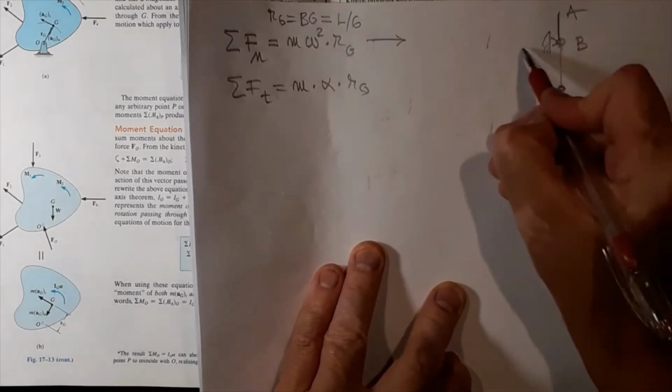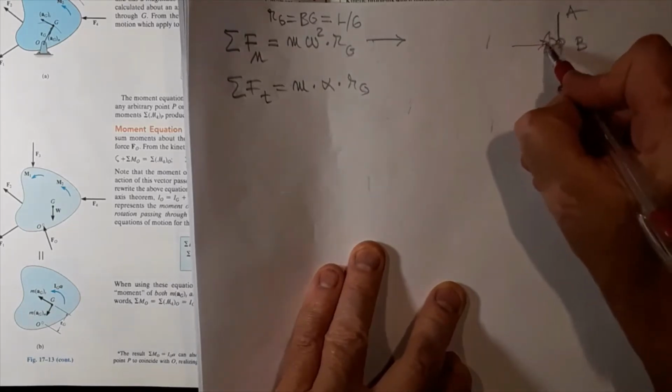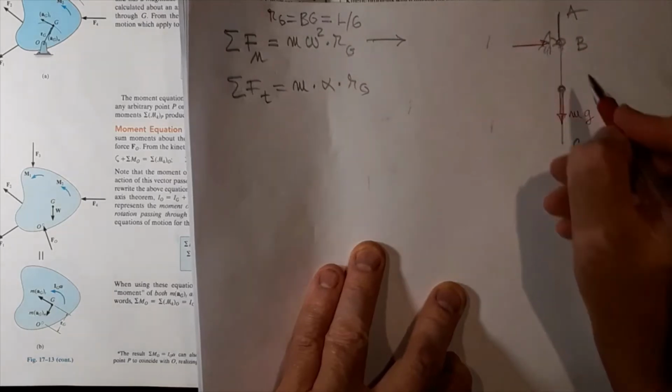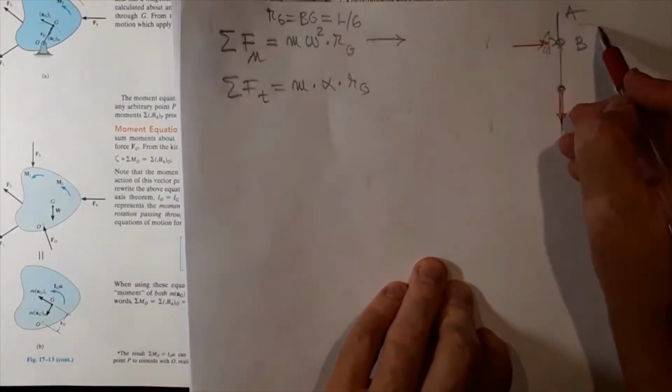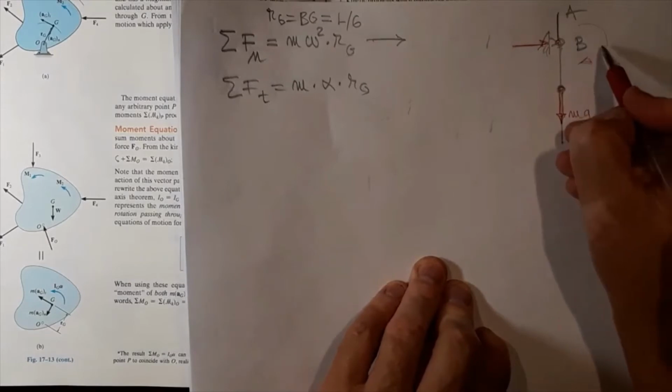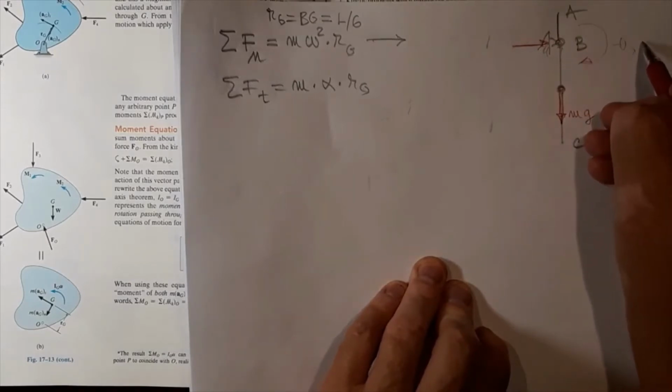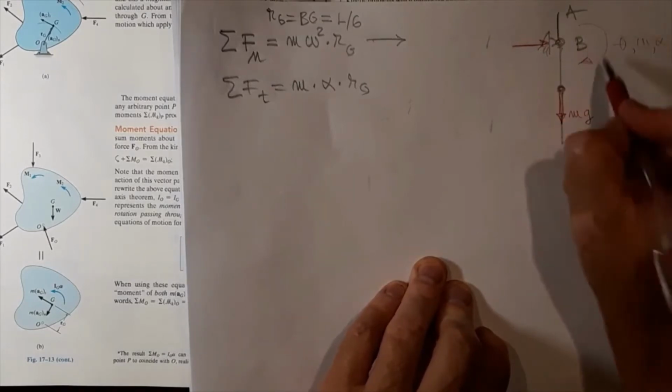Then I have reactions at the supports, as theta increases, and omega and alpha this way.